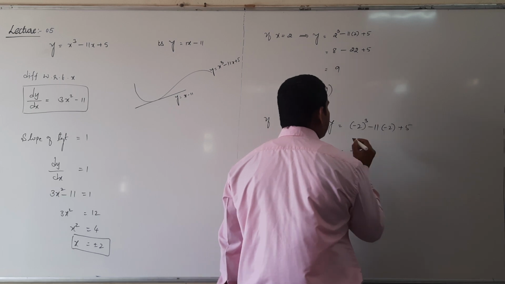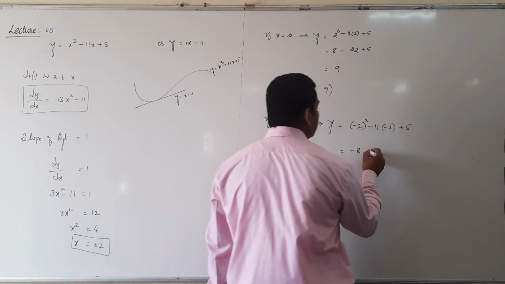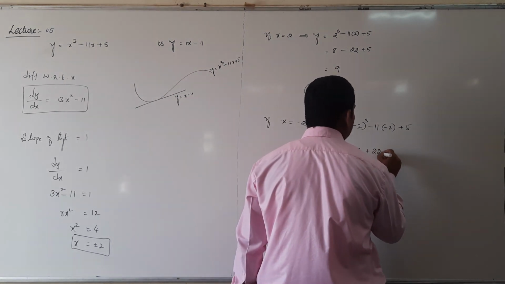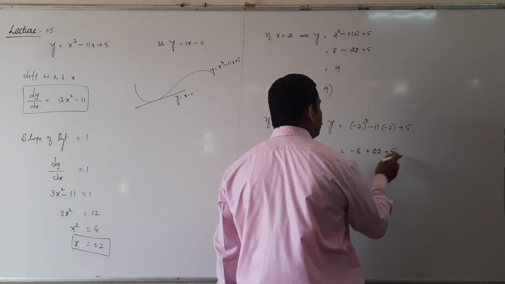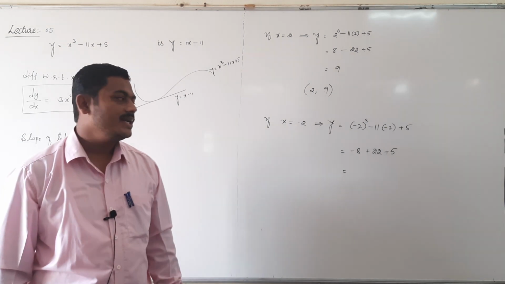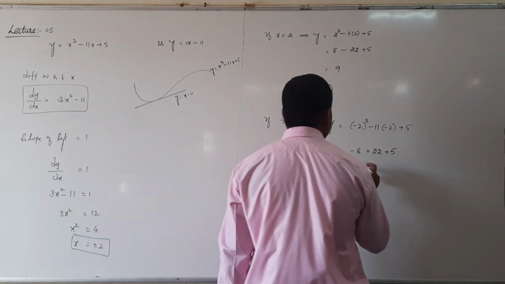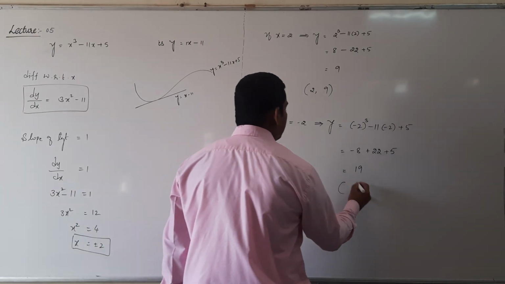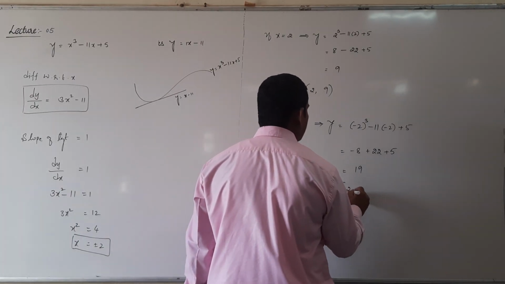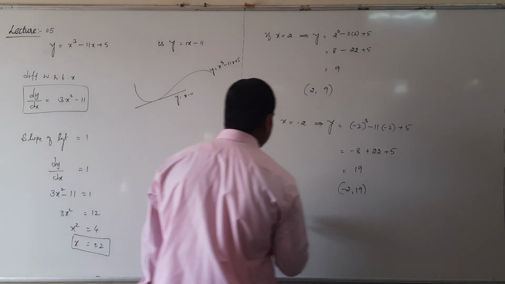It will be minus 8, this is plus 22 and this is plus 5. Means 22 plus 5 is 27, minus 8, that is 19 only. Means another point is minus 2 comma 19.